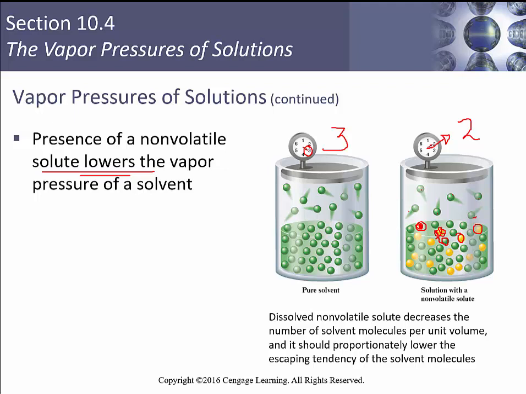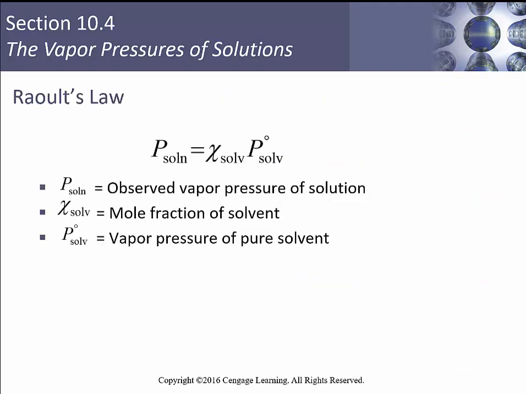So imagine, if you will, somebody is going up for a free throw and this little yellow ball here is like, nope, and knocks that away. So it's trying to escape, get into the gas phase, but that non-volatile solute is going to block access to that surface site. It's not a perfect analogy, but if you can keep it in your head that if I mix something in there, my vapor pressure is going to go down, then I'm happy.